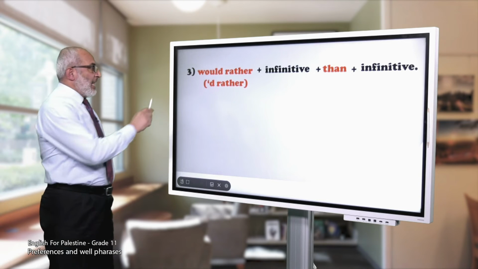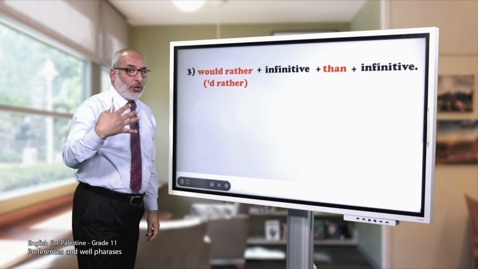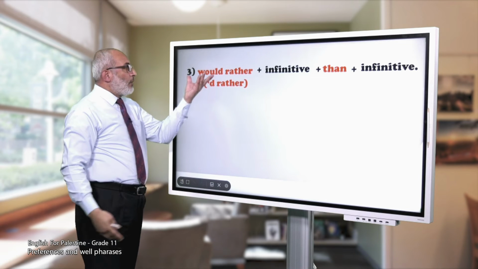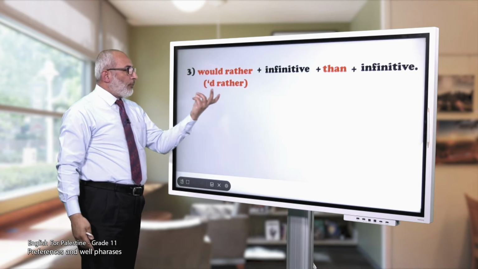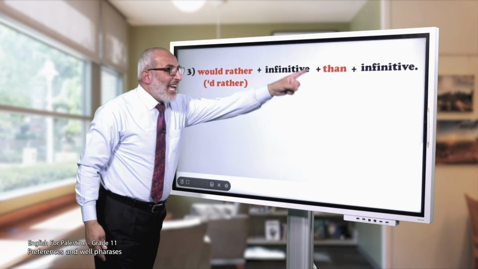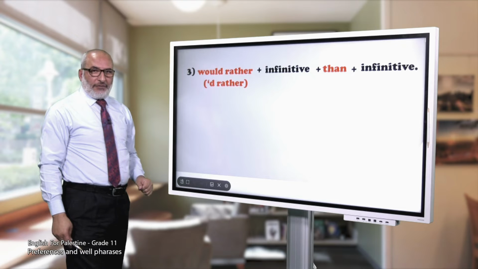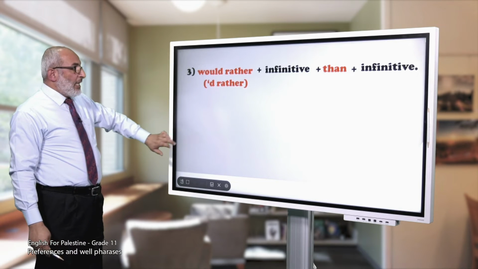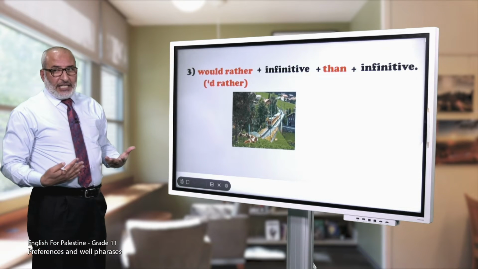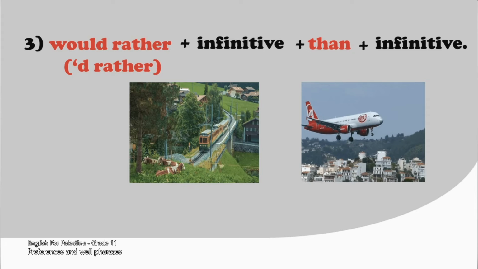Again, structure number 3, to talk about preferences, we use would rather, or the short form I'd rather, plus the infinitive form of the verb, plus than. Be careful here, we use than plus the infinitive form of the verb. It means that I like one thing more than the other. Look at these two examples.